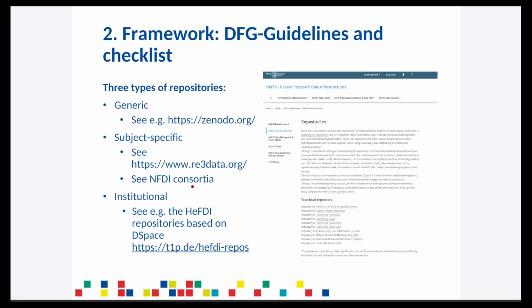Have a look at our website and you will find your institutional repositories for the Hessian universities and universities of applied sciences. But we always recommend to use a discipline or subject-specific repository because usually the data is much better described than in our institutional repositories. Of course, our institutional repositories are set up, present and running in place, but as a subject-specific repository.